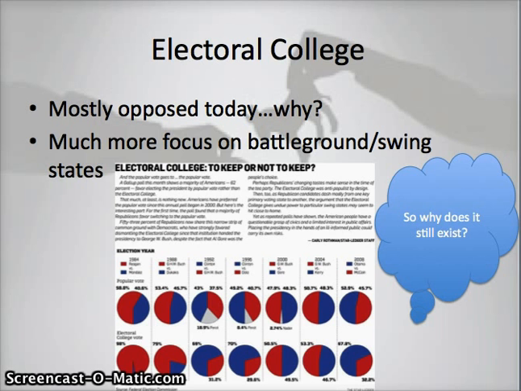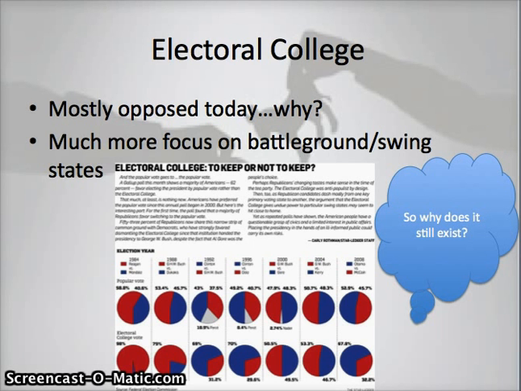All right. Another thing that people argue makes the Electoral College controversial, something that they oppose, is that small states might be overrepresented. So the Electoral College, to a certain extent, is meant to be proportional based on population, right?